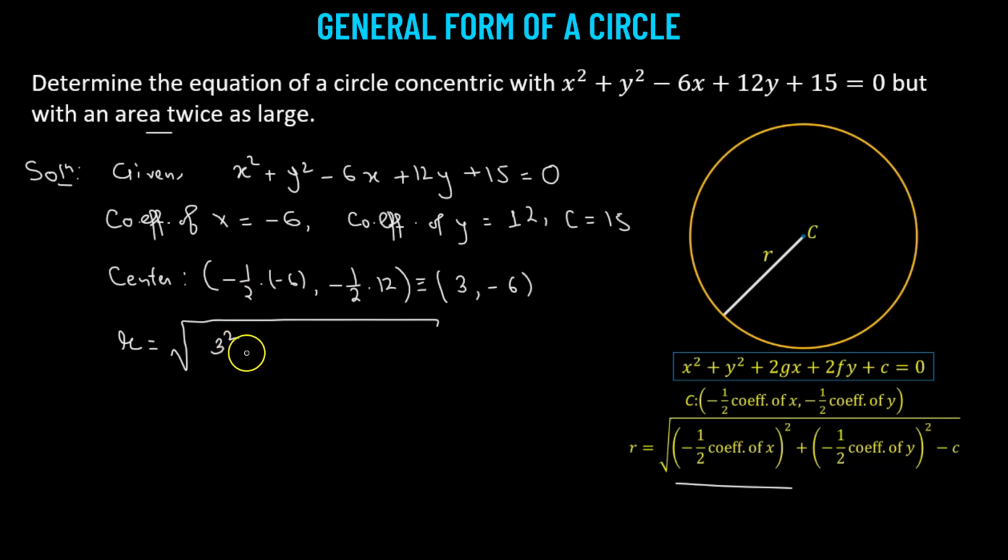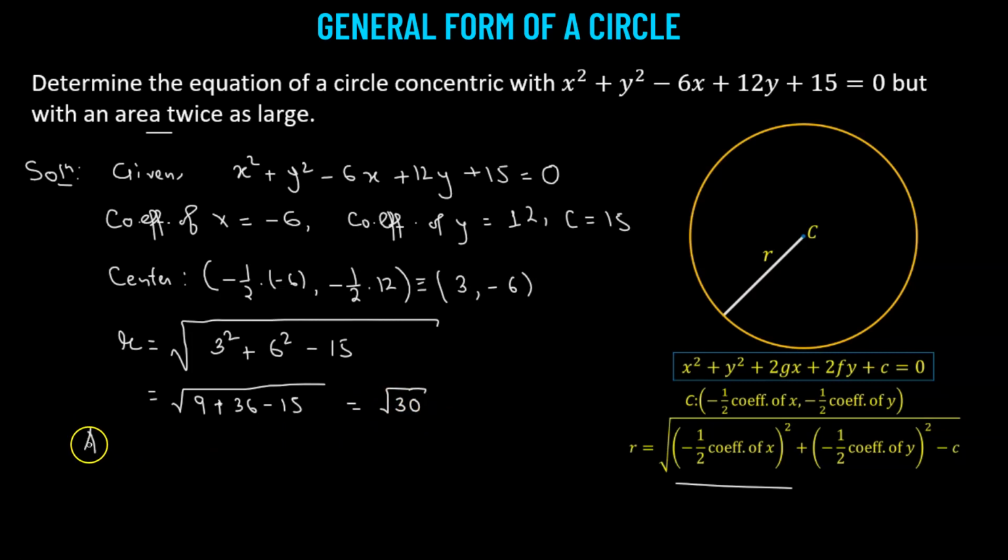We have 3 squared added to negative half times the coefficient of y squared, so that will be negative 6 squared, or simply positive 6 squared, minus the constant term c, that's 15. Let's compute this value. 3 squared is 9, 6 squared is 36, minus 15. So 9 plus 36 is 45, and 45 minus 15 is 30. So our radius comes out to be square root of 30 units.